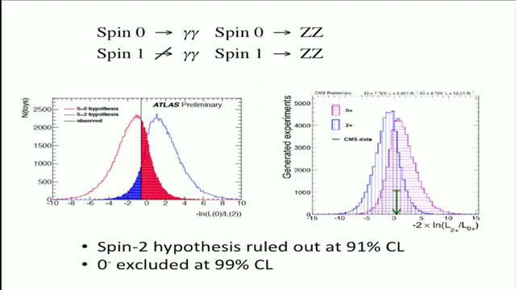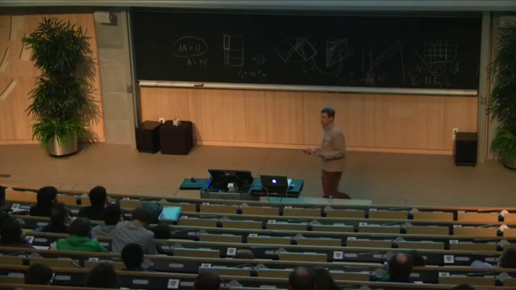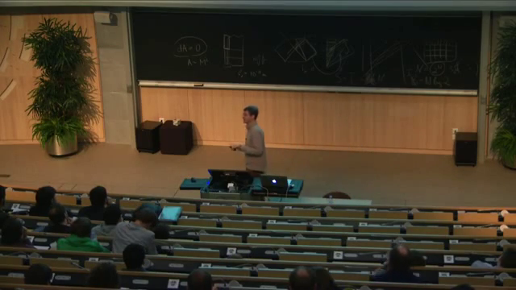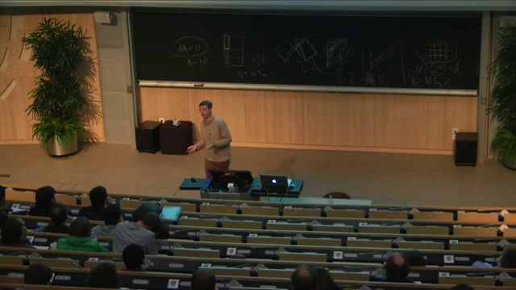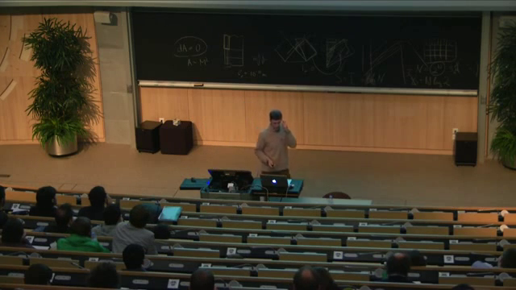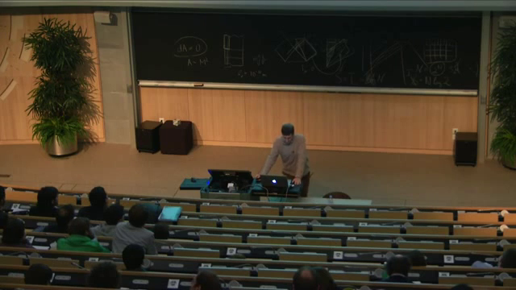So when you go to the rest frame of the decaying particle, you can make a spin 0 or spin 2 particle, but you can never have a spin 1 particle. So the spin 1 particle cannot decay into 2 photons. Notice that the argument is not valid for the Z, because the Z is a massive particle and therefore has also a longitudinal component. So we learn it's not spin 1.